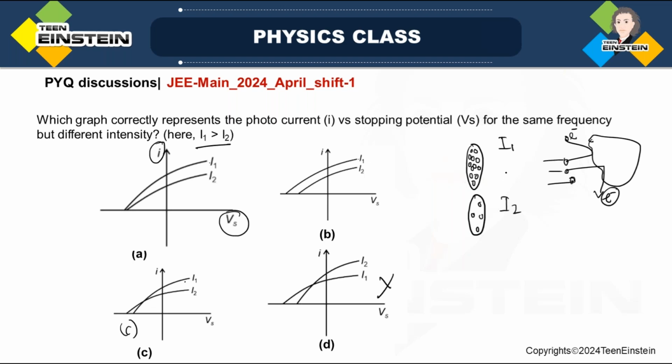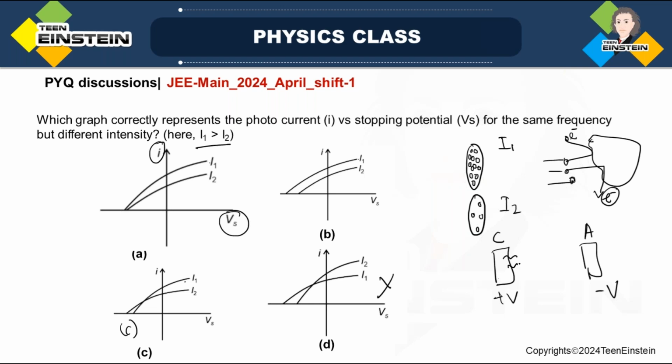Now I have to see what the stopping potential is. We have a cathode and we have an anode. The stopping potential is the potential applied in the reverse direction between cathode and anode. Suppose some negative potential is given here and some positive potential here.